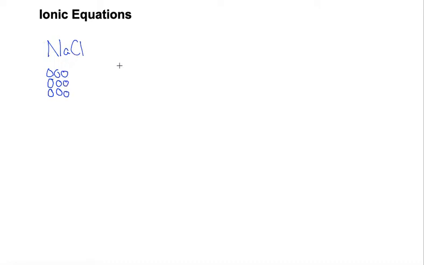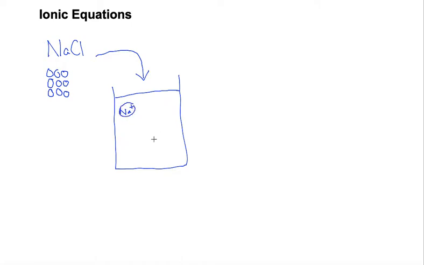But when we take that NaCl and we drop it into a container of water, we're going to see those ions separate. The substance dissolves, and when it dissolves, it breaks into its ions. It dissociates, and we end up with sodium ions, now separated from their chloride ions.